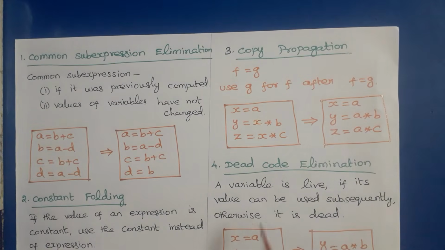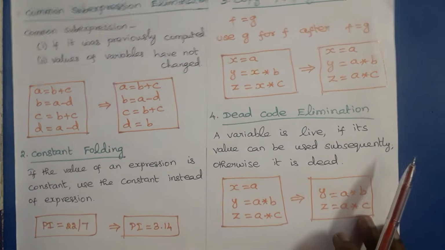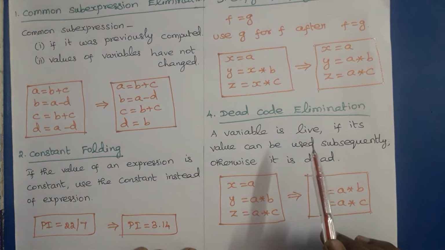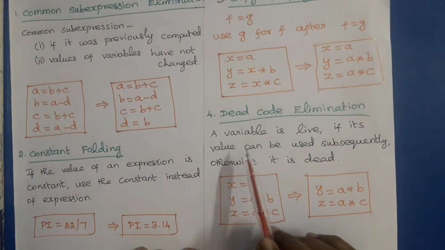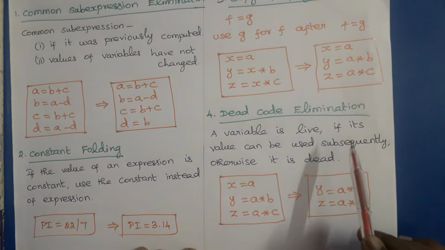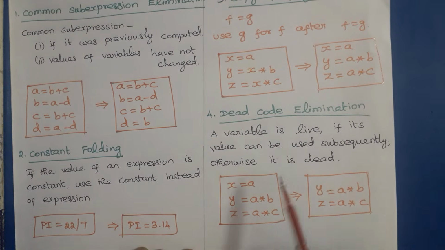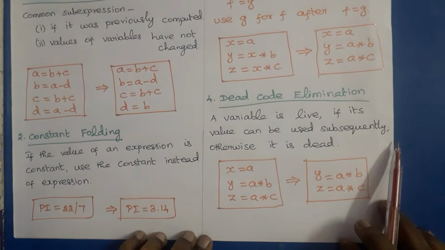We can understand that from dead code elimination. We can say a variable is a live variable if its value can be used subsequently in the program. Otherwise, it is called a dead variable, so the variable is not live.